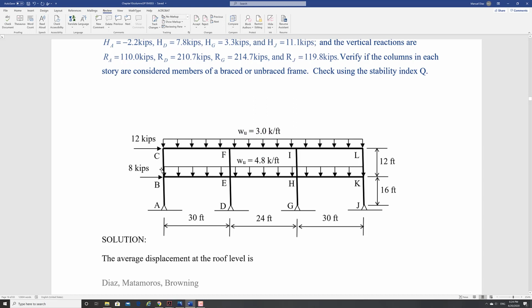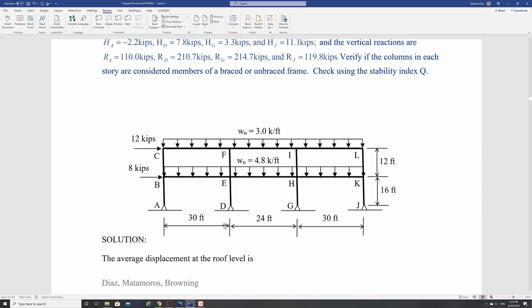The forces in your columns have to add to this load. You cannot have more than this load. So if this is 3, then you have to multiply 3 times 30 plus 24 plus 30, so times 84. That's the total load that you got here. Therefore, the reactions on your columns have to be equal to that value.